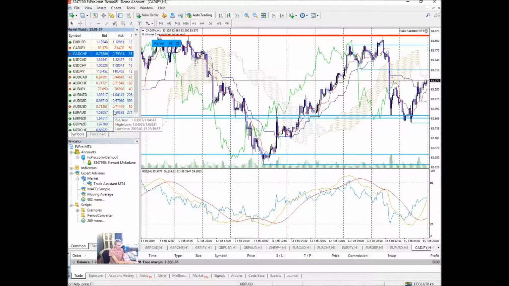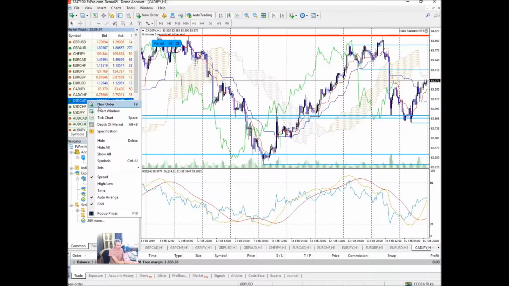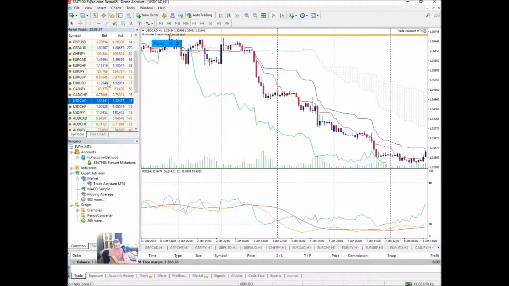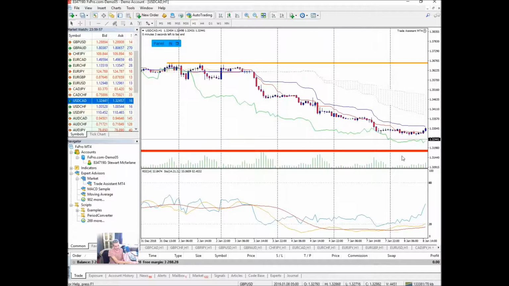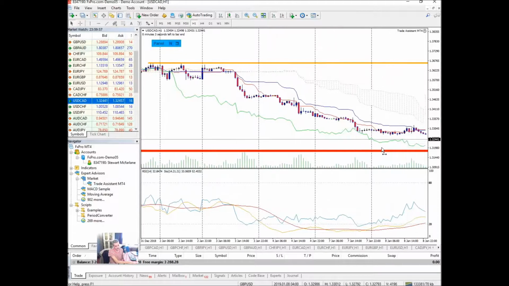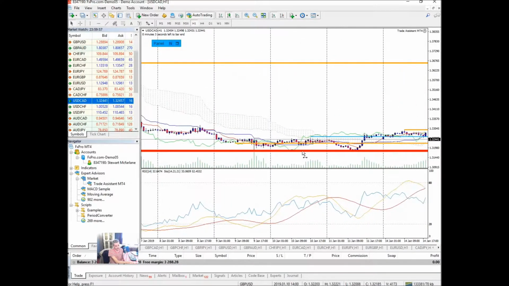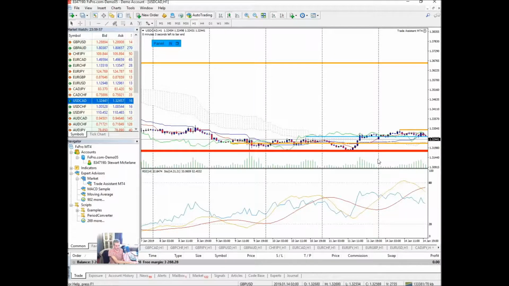Let's do one more. Let's do USD CAD. So there's a massive downward trend there. You can see it's starting to pick up to go the other way. And we're heading into a nice big thick support line. So potentially, I'd be saying wait until we hit that, and then we'd be watching it to see where we are.